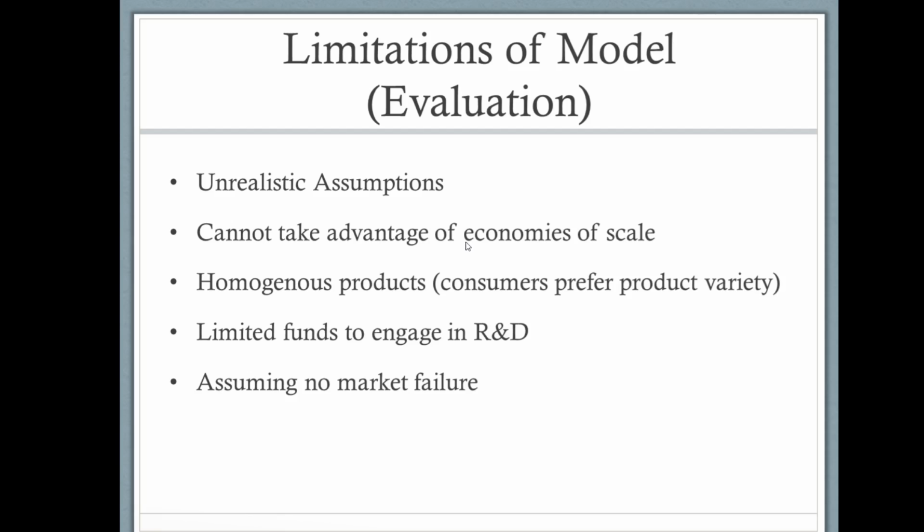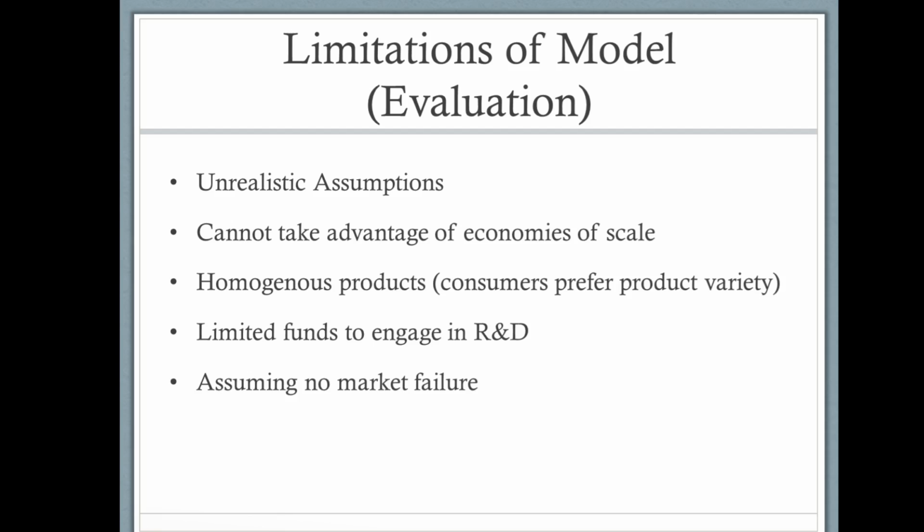If that's the assumption, they will not be able to take advantage of economy of scale, because we know that if we want to achieve economy of scale, we need to enlarge the size of our business. But now, because we have so many different competitors in the market, we cannot actually increase the size of our business. And we are selling the same goods.